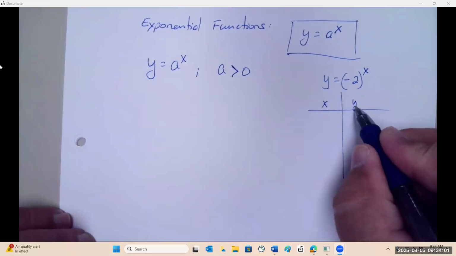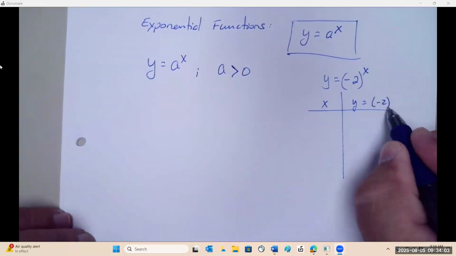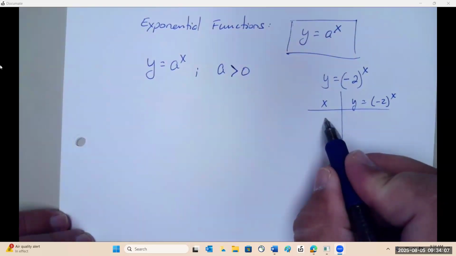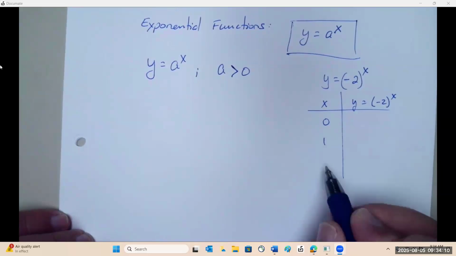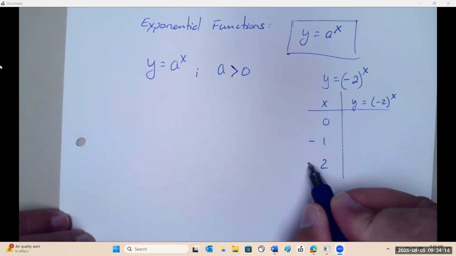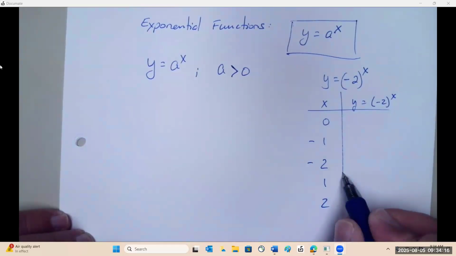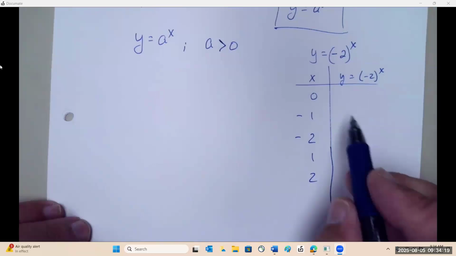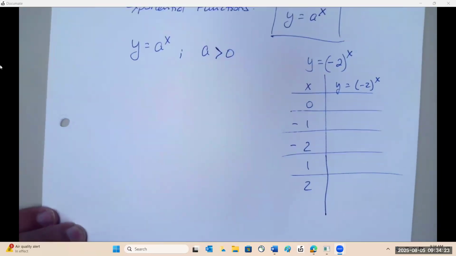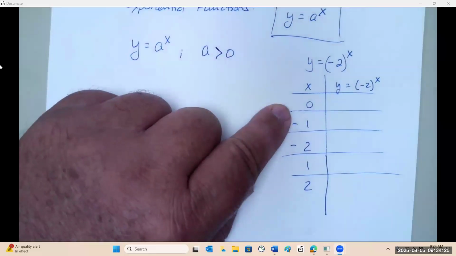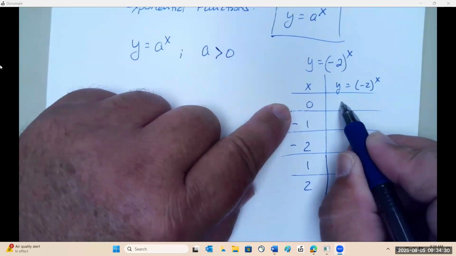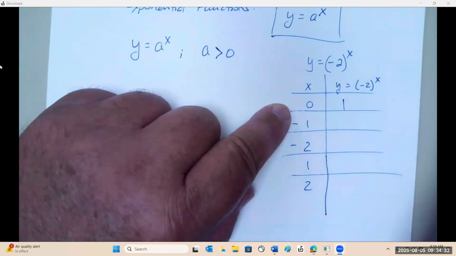This is x and this is y. X is 0, x is 1, x is 2, let's make these negative, and we have +1, +2. If x was 0, what's our answer? What's y equal? 1. Anything to the 0 power is always 1.